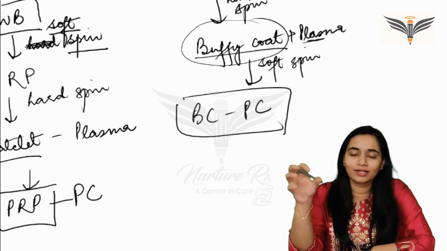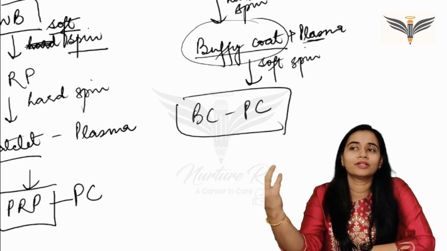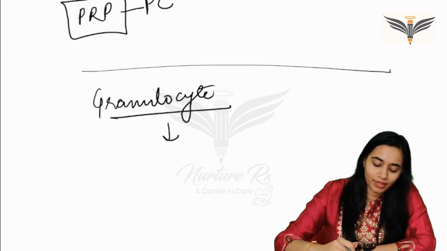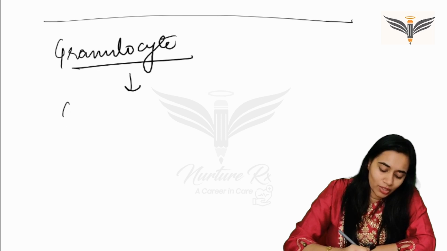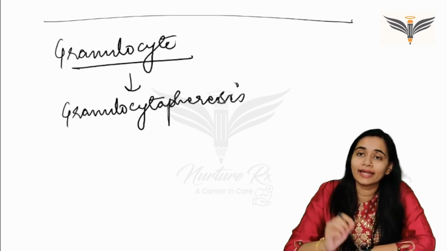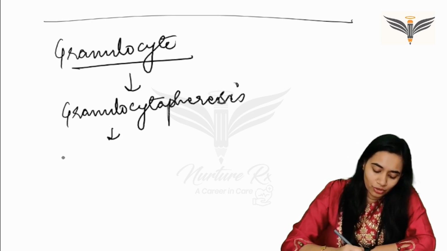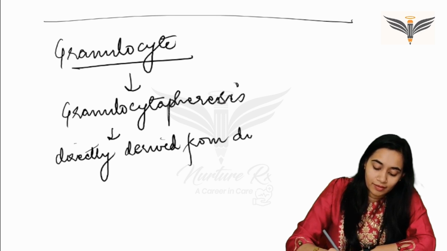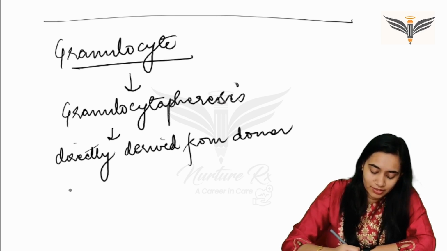This buffy coat contains granulocytes which can be transfused as it is, or they can be derived by a process called granulocytopheresis, in which granulocytes are directly derived from donors by the apheresis process.